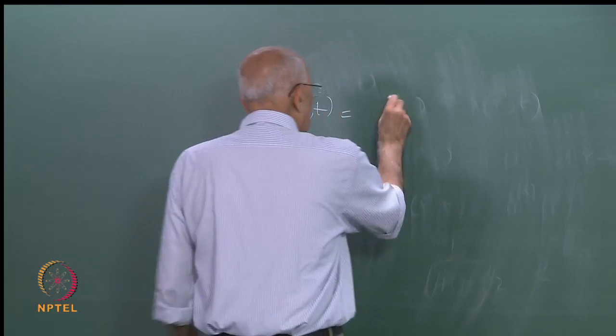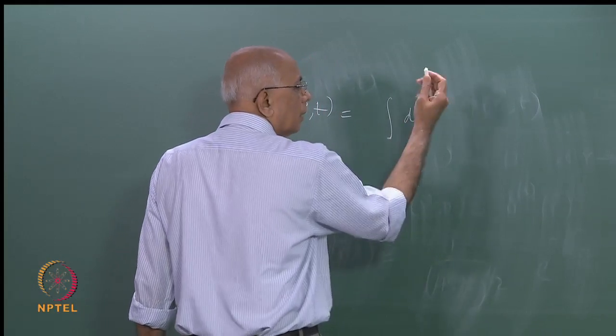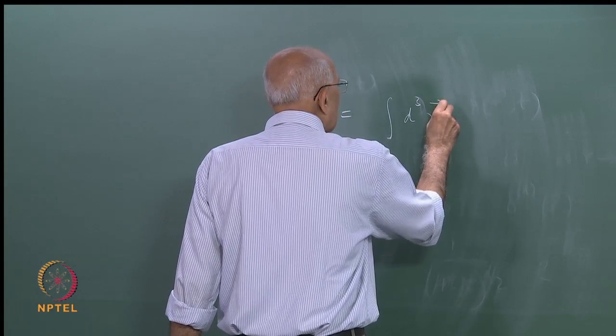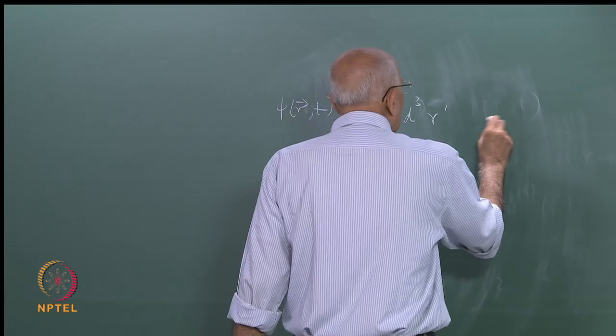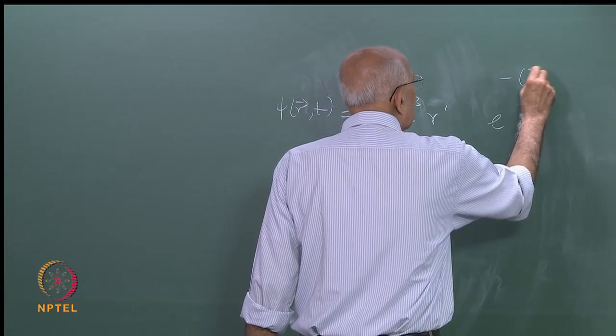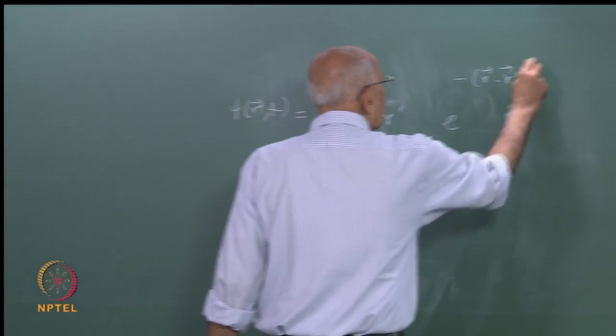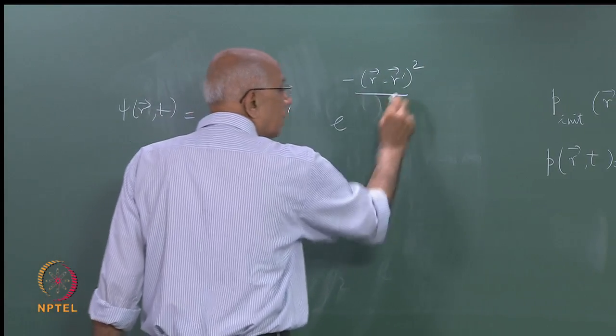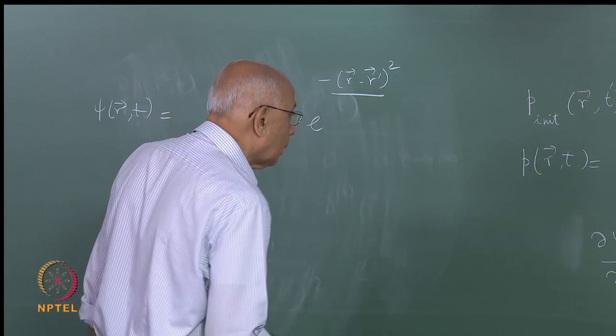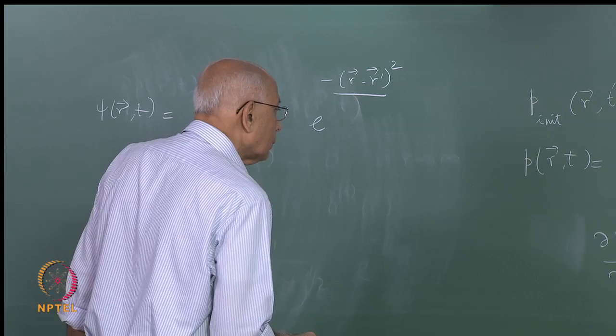Let us write this down, and let us work in 3 dimensions, for instance: d3 r prime, e to the minus (r minus r prime) whole squared over 4Dt, where D is i h cross over 2m.